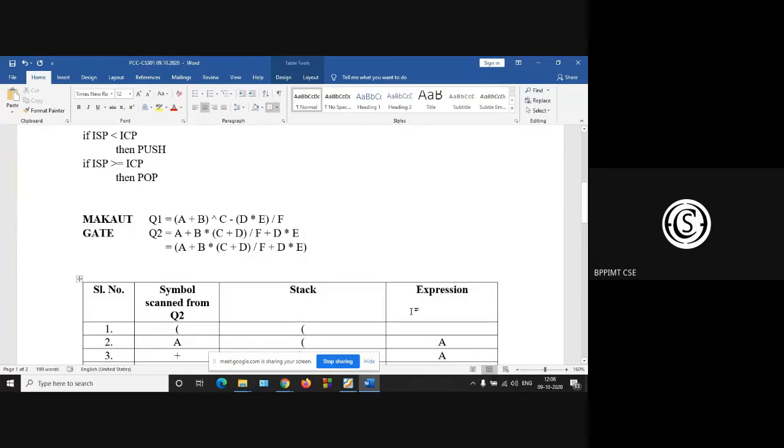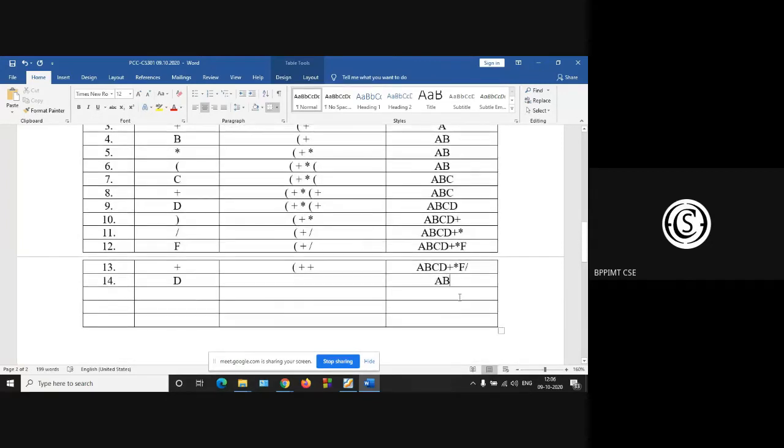This question was from GATE 95. Yes, there are 2 times D. So A B C D plus multiplication F, division, and then D. Just copy this and paste.